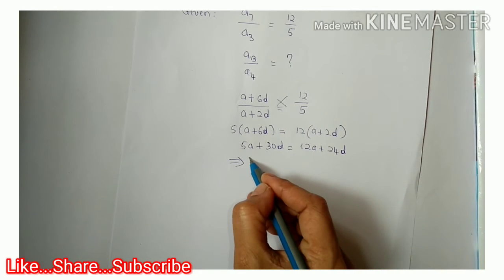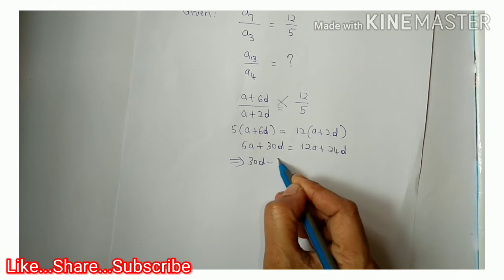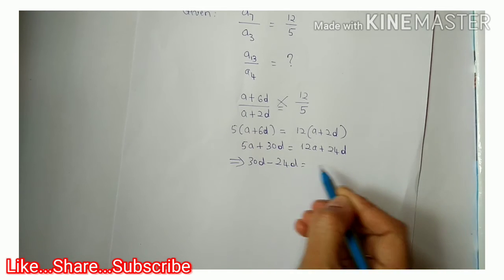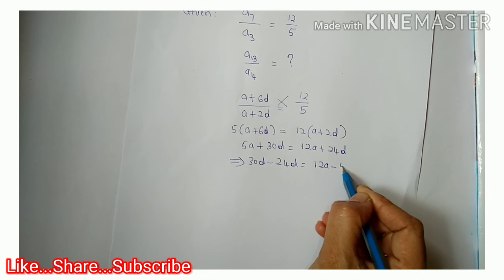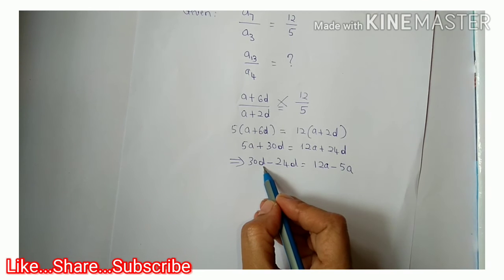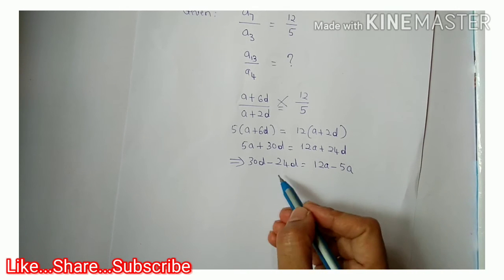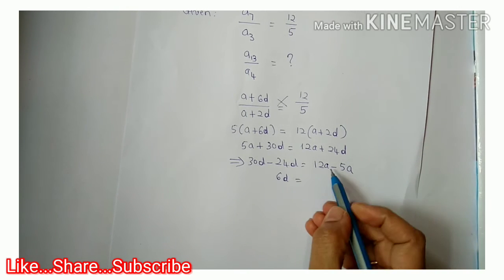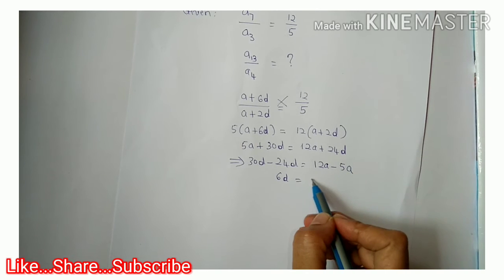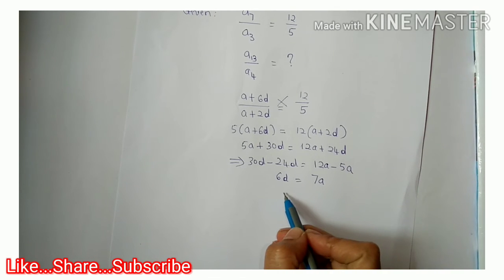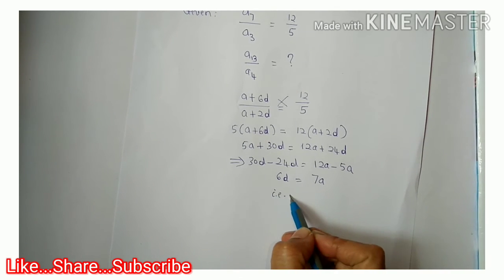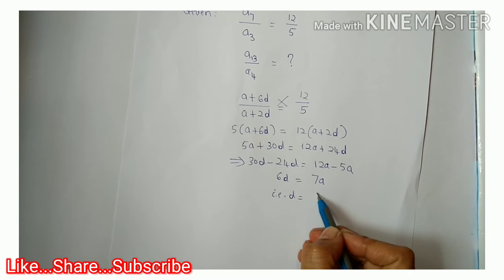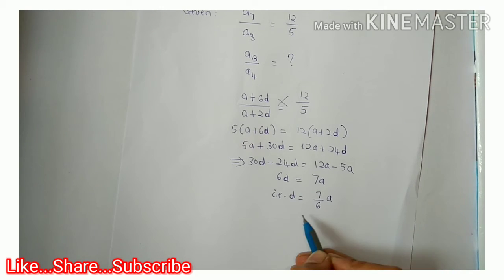It implies 30D minus 24D is equal to 12A minus 5A. 30D minus 24D is 6D, 12A minus 5A is 7A, that is D is equal to 7 by 6 A.